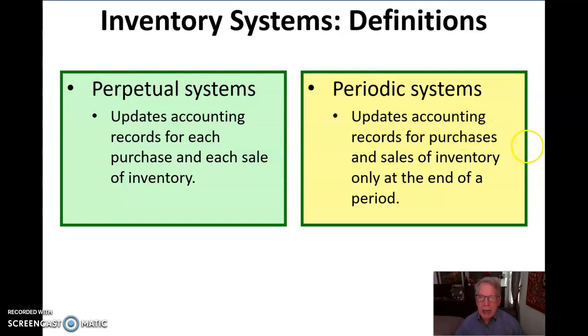All right, we have two kinds of inventory systems. The first one's a perpetual inventory system, and that updates the accounting records each time a purchase or sale is made. If you go into IKEA, for example, you look on their little kiosk and you hit the computer and up comes that little black desk that you want.